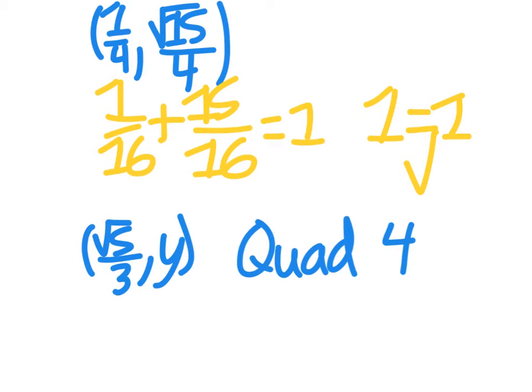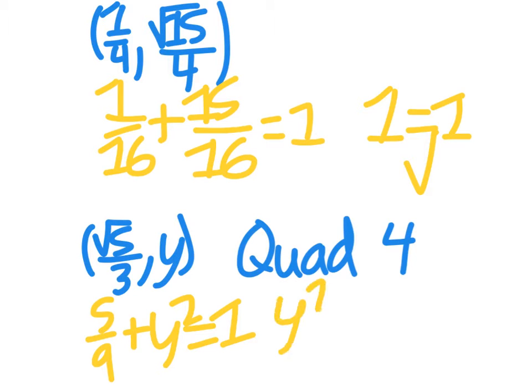For the second question, the point (square root 5 over 3, y) is on the unit circle in quadrant 4. Find its y coordinate. Quadrant 4 is important because it tells us that the y coordinate has to be a negative number. So we take the square root of 5 over 3 and square it, plus y squared equals 1, which gets us 5 over 9 plus y squared equals 1, and then we get y squared equals 4 over 9.